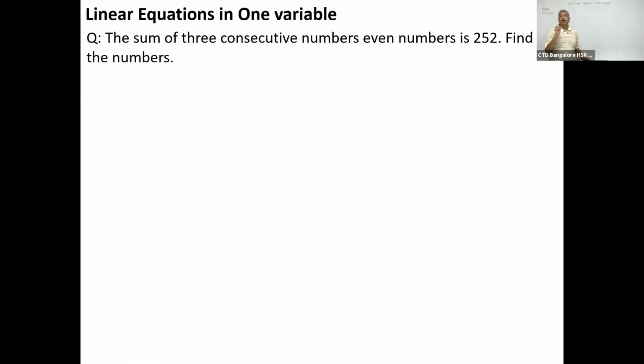Sum of 3 consecutive even numbers is 252. Find the numbers. Again, we are given consecutive even numbers, 3 of them, and we are supposed to find the three numbers. How would you solve that?